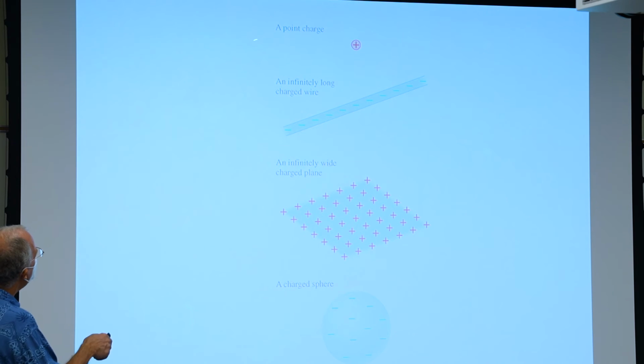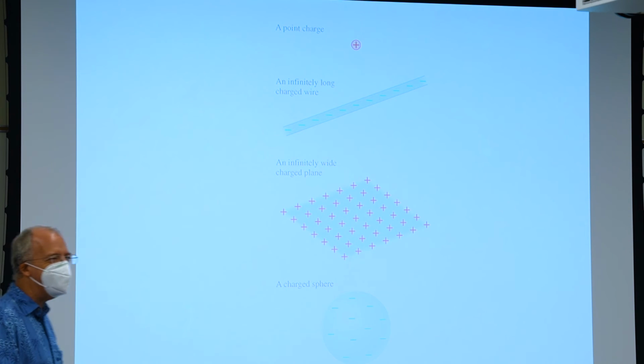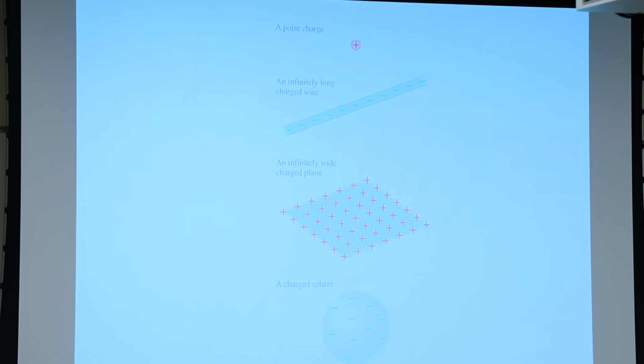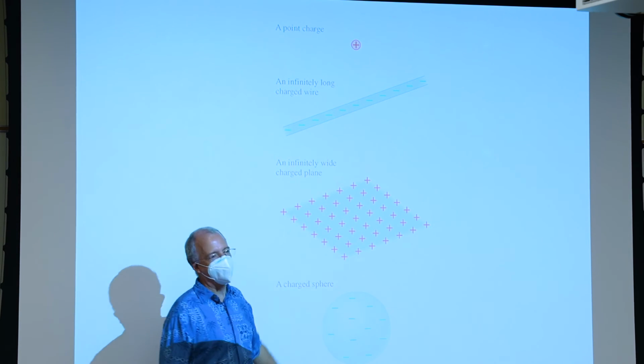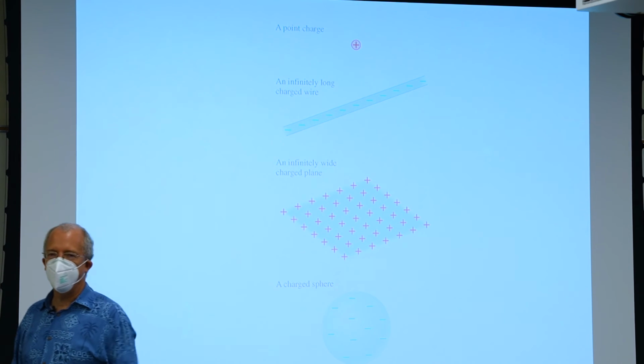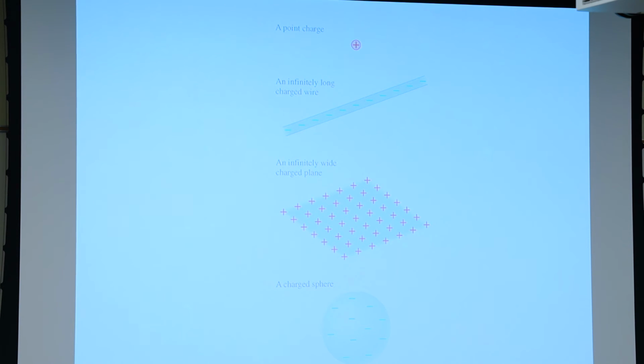But look, what's weird about this? Infinitely long wire. How about this one? We'll explain that later on, but right now it sounds a little strange. Let's start with the easy one first.